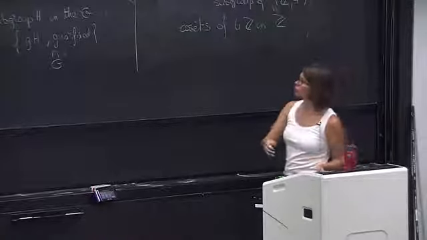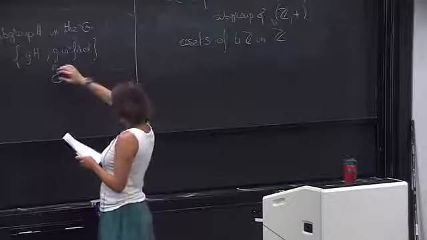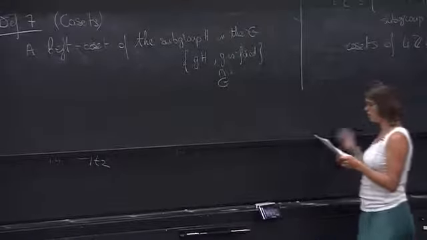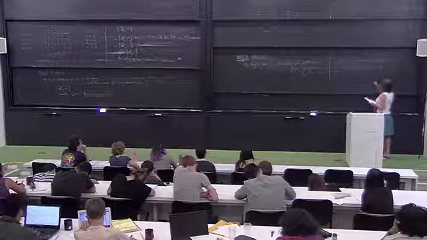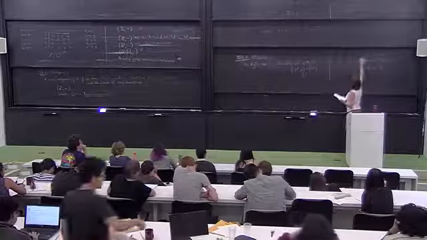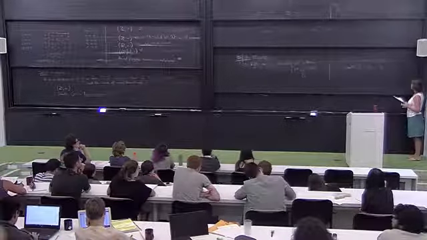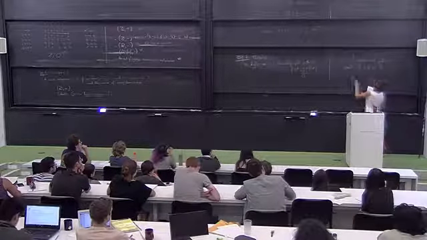To be more clear, it's really all the elements given by the action of H on a fixed element of G. Here your H is this set, and you look at your group. So how many cosets do you have? Four. Okay, very good.